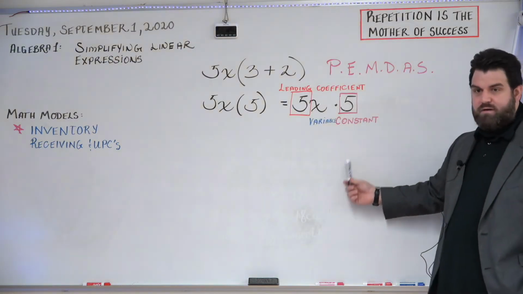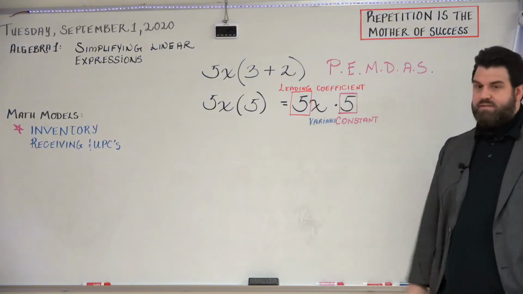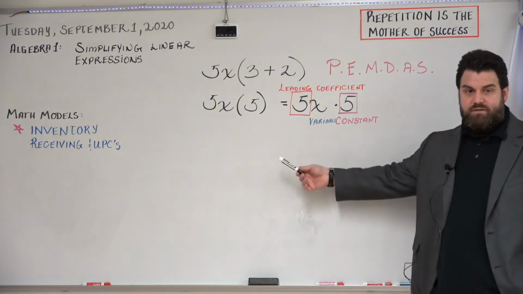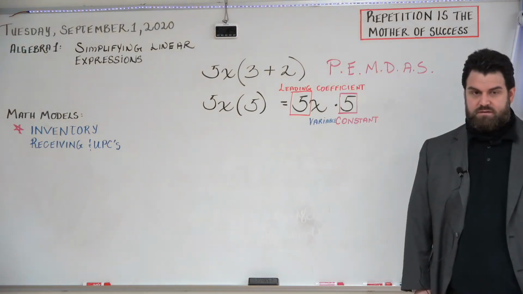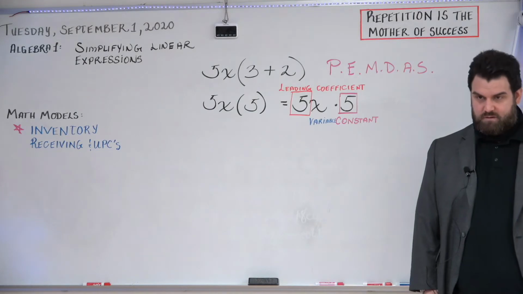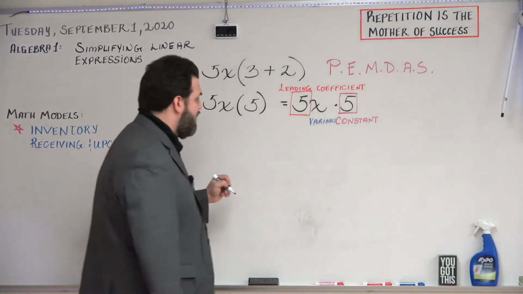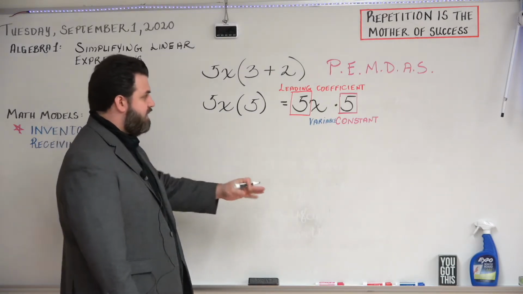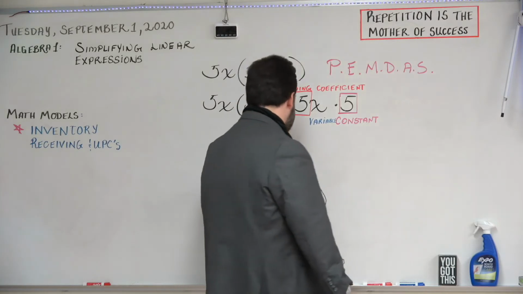What we do here is we multiply the leading coefficient times the constant and just stick the variable on the end. So what is the leading coefficient times the constant in this case? Correct. And we're trying to use the academic mathematical language. But basically it's 5 times 5 with an x after it. So that's 25x.